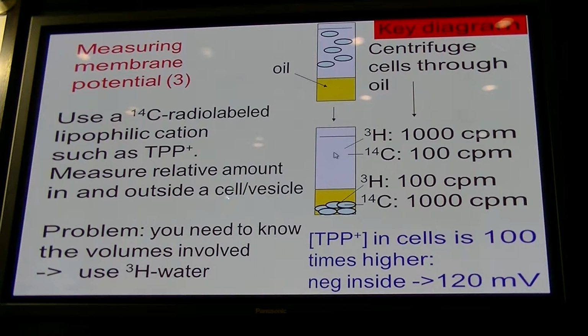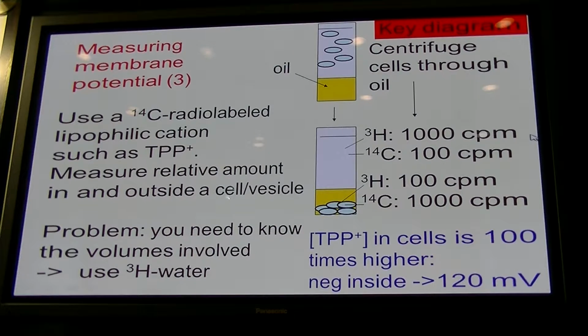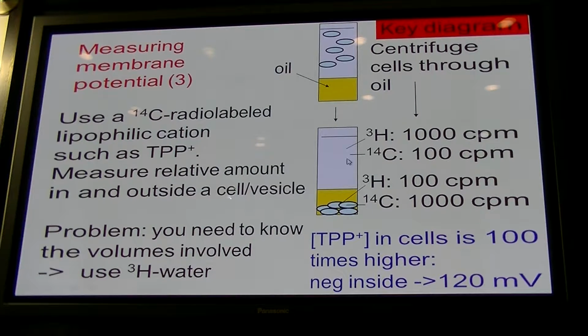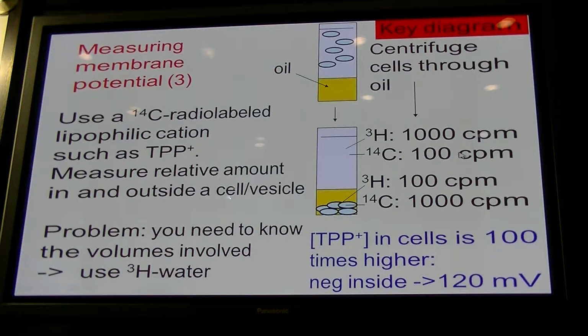So in this example, if above we have 1,000 counts per minute, that's the unit that you have for radioactivity, for the tritium. So our volume we can say is 1,000. Our carbon amount is 100, so that concentration is 100 over 1,000, which is 0.1.